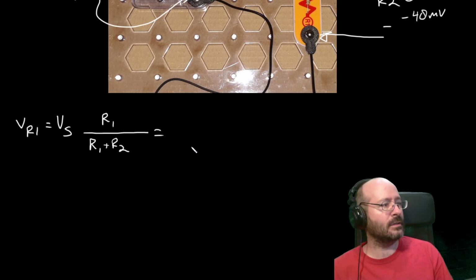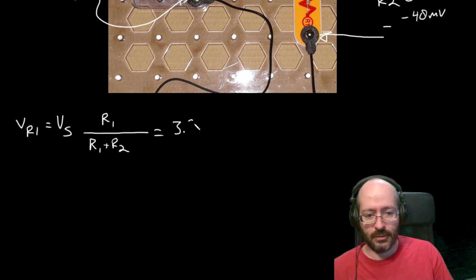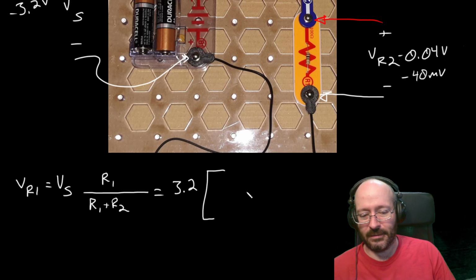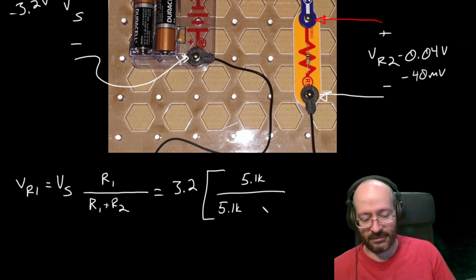So let's use Casper's numbers, right? So we got 3.2 times, and just using the nominal values for VR1, this is going to be 5.1K, and there could be a little bit of part error, and that might be what's making our numbers have some error.